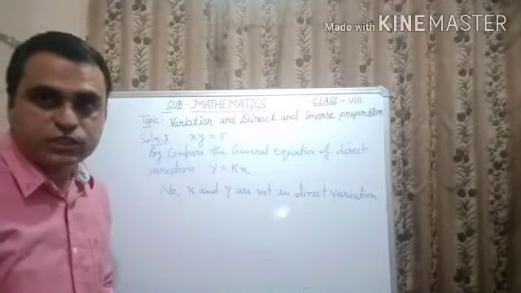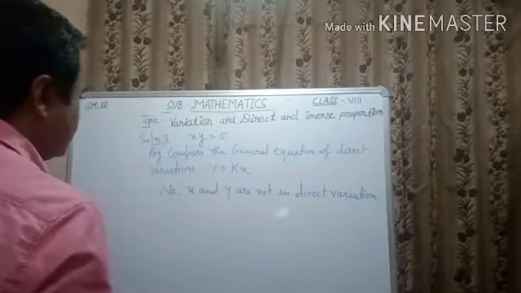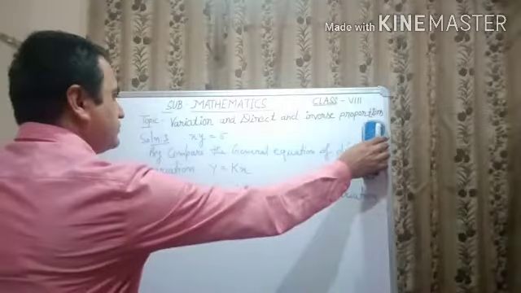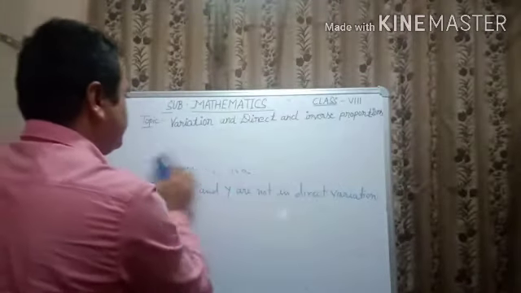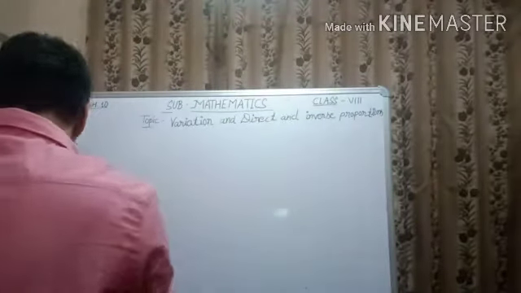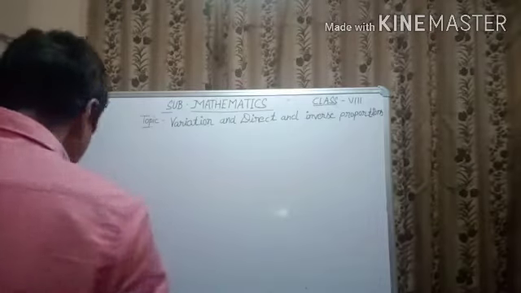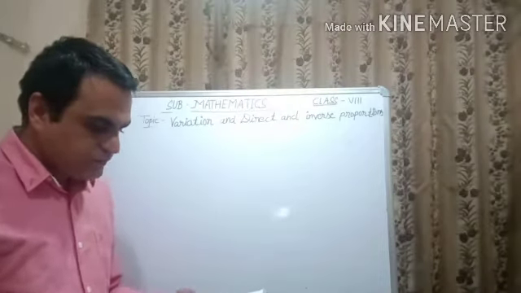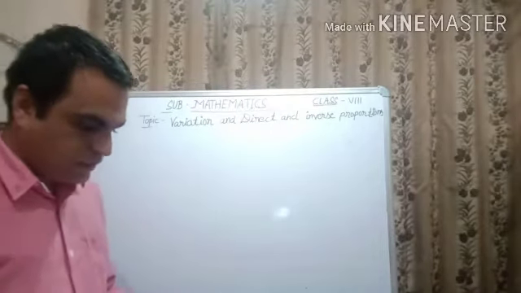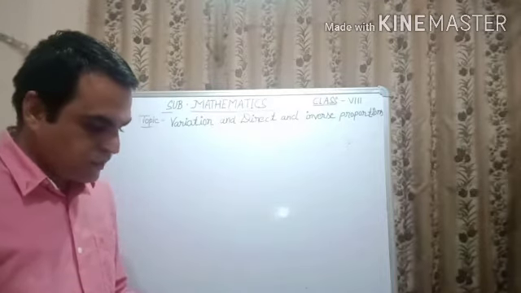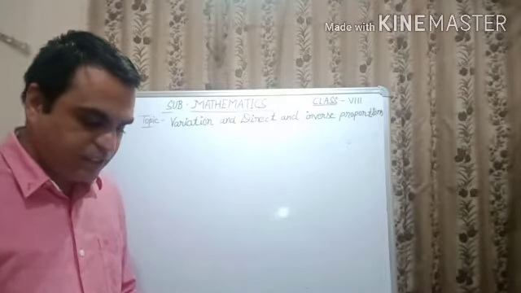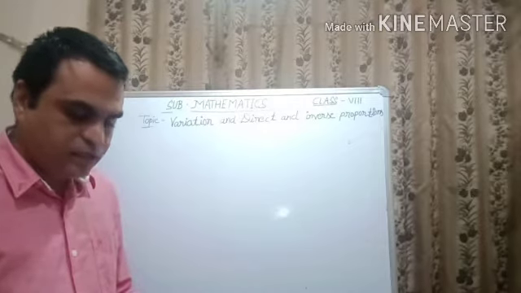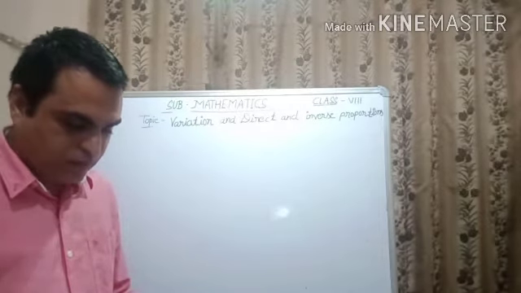Now we move to our next question, which is also very interesting. Question number 2. I am writing the question. I am reading the question. Harish takes 150 steps in walking a distance of 125 meters.